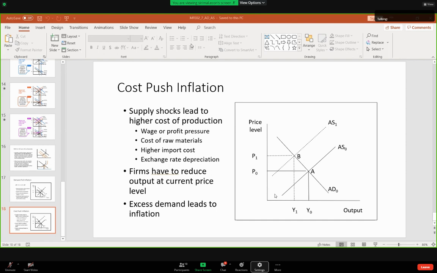The producers can hire more labor and produce more, because that's the Keynesian type of argument, which gives an incentive for the producers to produce more. That's why output goes up when there is unemployment.